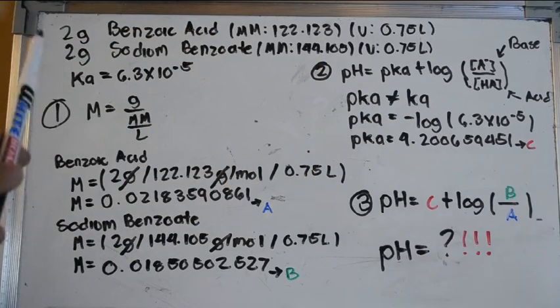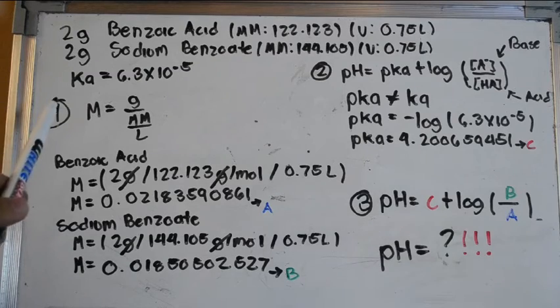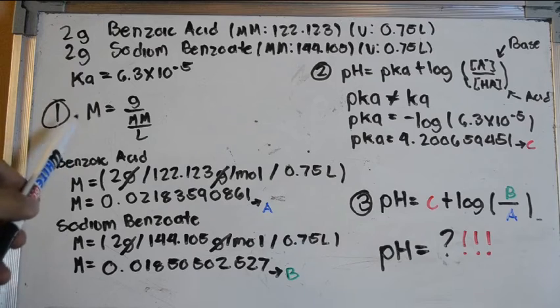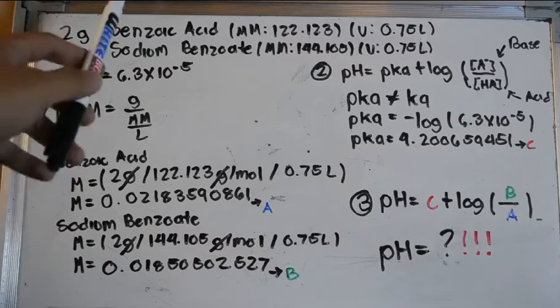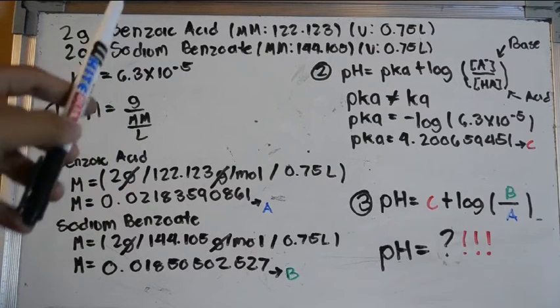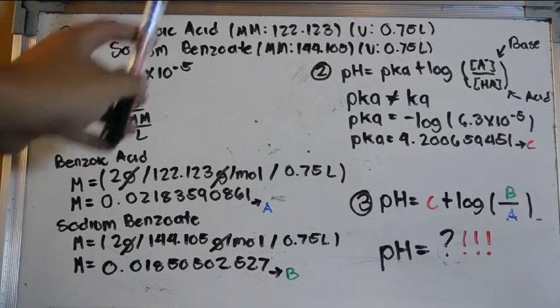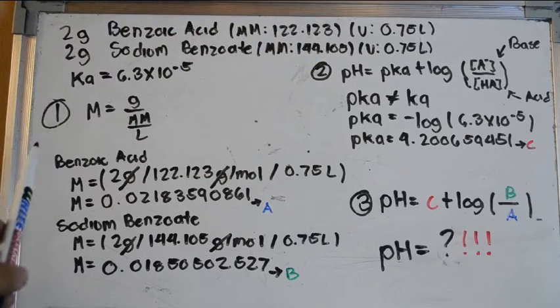Okay, first you have to find the molarity of the base and the acid. We're going to be using this equation: molarity is equal to grams over the molar mass over the liter. Since we're given this already, the only thing that we have to do now is plug it into the equation.